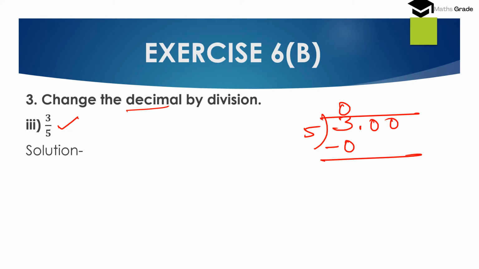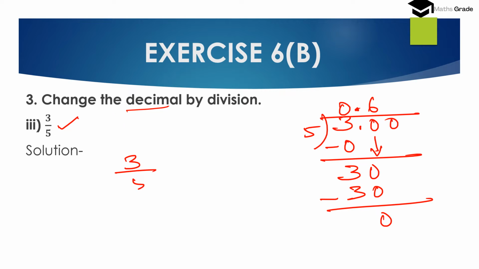Now 3 minus 0 is 3. Write this 0, 30. Now put the decimal point here. Now in the table of 5, if we multiply 5 with 6, we get 30. 5 6s are 30. Now 30 minus 30 is 0. Now 3 divided by 5 is 0.6, and 0.6 is the decimal of the fraction 3 divided by 5.